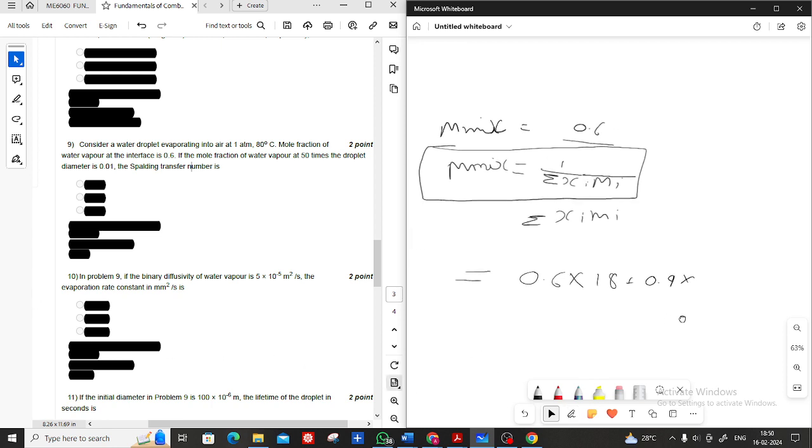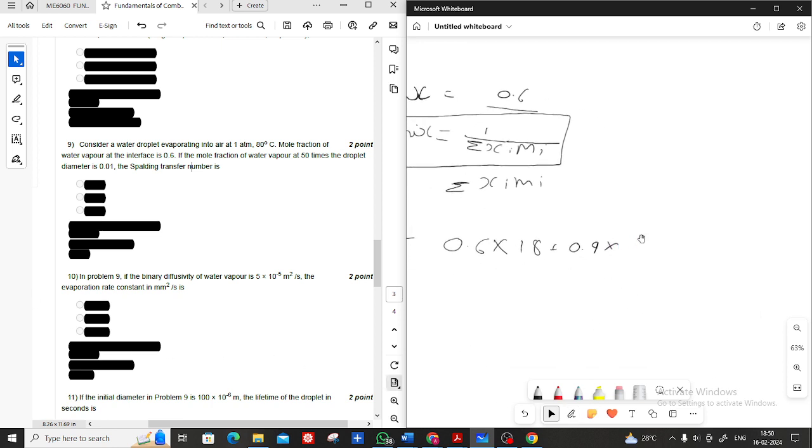What is the molecular weight of air? 28.84. Now if you do the calculation, 0.6 into 18 plus 0.4 into 28.84, you get 22.336.